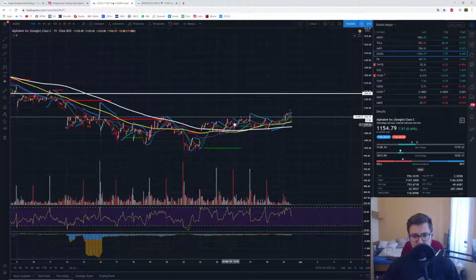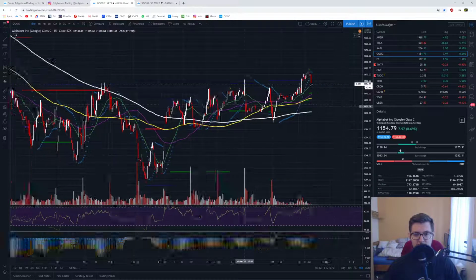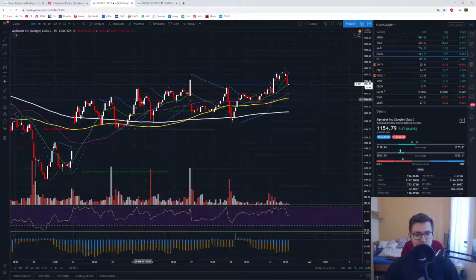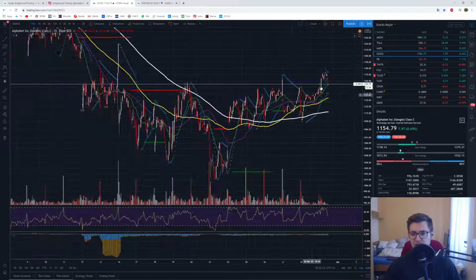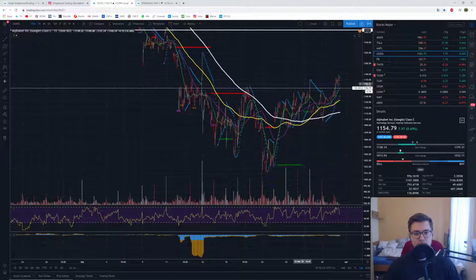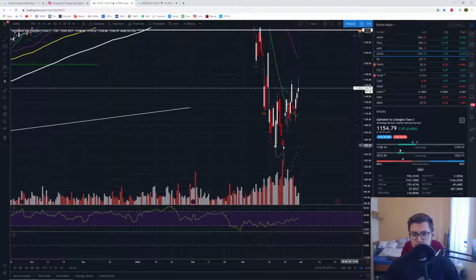Looking at Google, actually topping nicely on these 9 sells here on a TD Sequential. Here again, and are now once again topping on a 50-minute time frame. So these are looking pretty nice. I do like this bottoming formation here on Google.